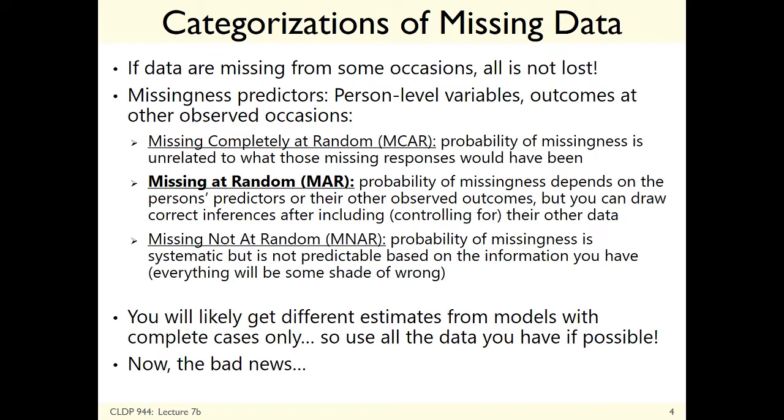So for instance, if I have somebody who's not doing well in my longitudinal study, they show a negative trajectory. If they don't come on the fourth occasion here, the model can probably do a decent job capturing the fact that it still would have been a negative trajectory. That's missing at random, this idea that it's not completely random, but once you condition on what you do know about them, you can probably make a pretty good inference.